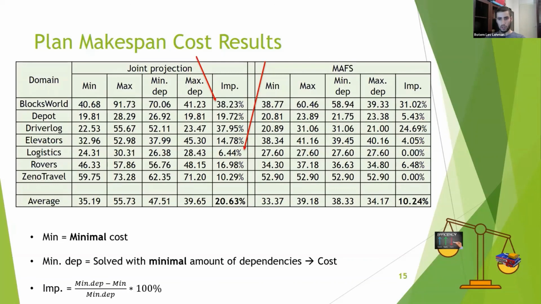So if we do not publish dependencies, then we shall have a higher cost than when we do publish dependencies and have a better collaboration between the agents. In the logistics domain, on the other hand, we have to collaborate. So the agents published the dependencies they needed for finding a plan. But when they published more dependencies, they could improve their plan a little bit.